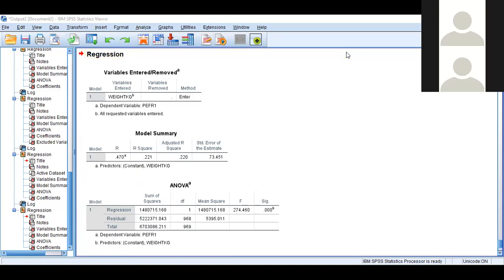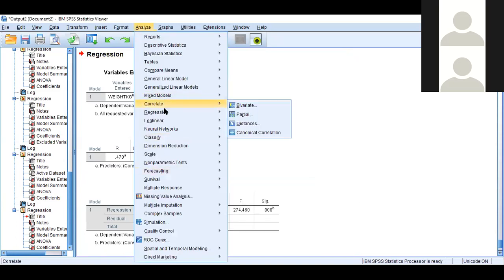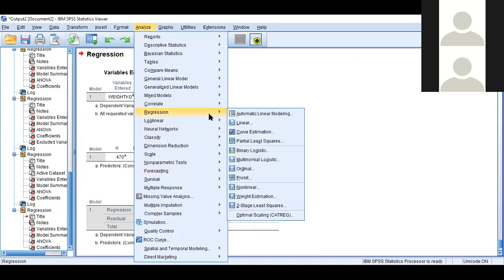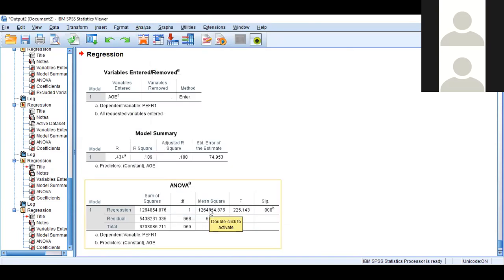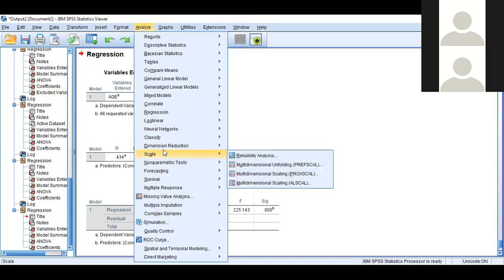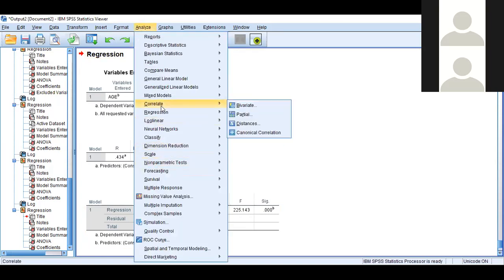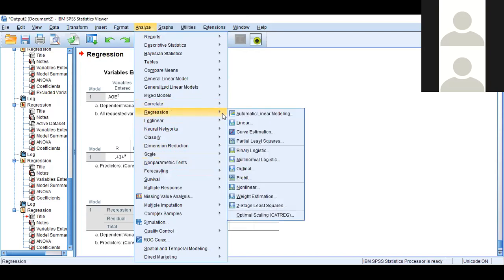So just to confirm what I showed you, I think we should do the multiple now. Age is 18.9, right? Yes, 18.9. There's no rush, don't worry.